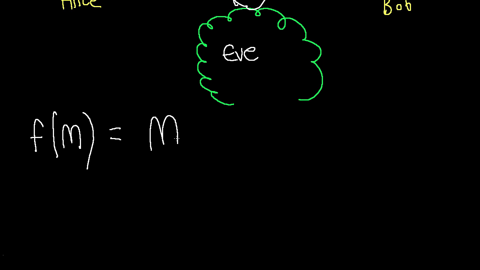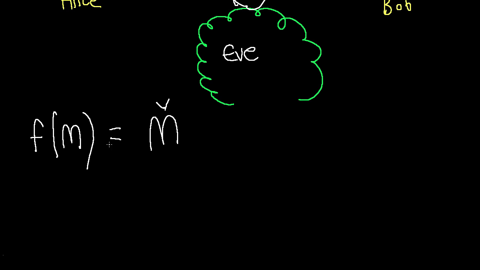Well, we're going to get this over here, which is going to be representing the encrypted message. So this is normally the standard notation you're going to see. So if you see it, this is what it means. If we have F, which is going to be the encryption function on the original message M, you're going to get back the encrypted message M with the little symbol on top of it.